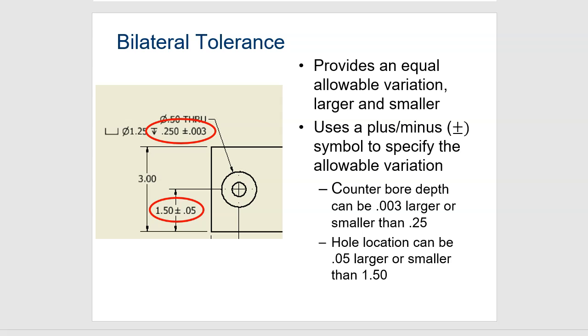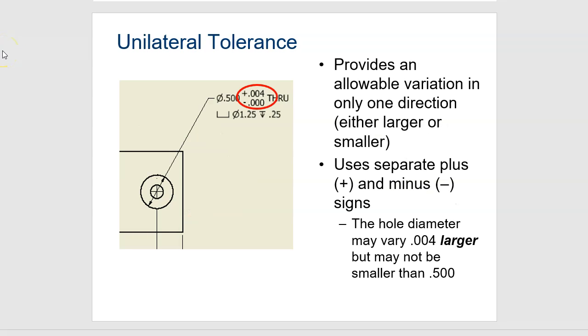All right, that's bilateral. Unilateral tolerances look like this. They have the target value and then a lower value, which is usually 0, and an upper value. It depends on if you're talking about a hole or a feature.